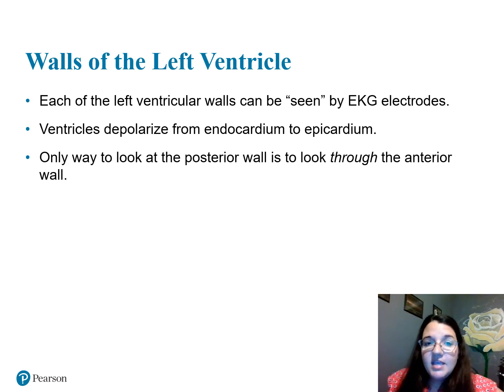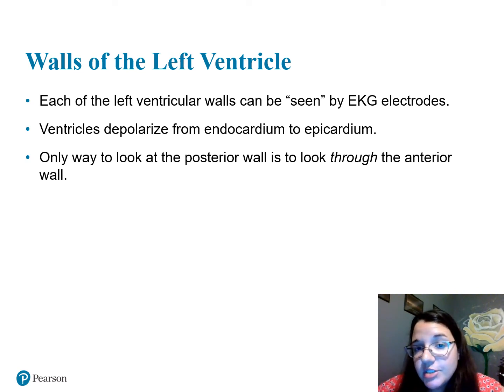Each of the left ventricle walls, so we're talking about all the walls in the left ventricle. Don't get that confused. We don't have two left ventricles. Each of the left ventricle walls, anterior, inferior, posterior, and lateral, can be seen with your electrodes that we put on your body when we do the procedure.